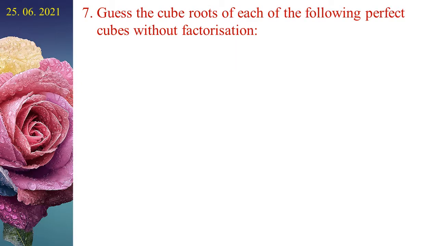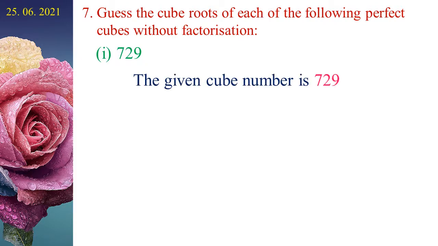Next, guess the cube roots of each of the following perfect cubes without factorization. 729. The given cube number is 729. First, we should find the units digit of the cube root of 729. The units digit of 729 is 9. If the units digit of a cube number is 9, then the units digit of the cube root of the number is also 9.